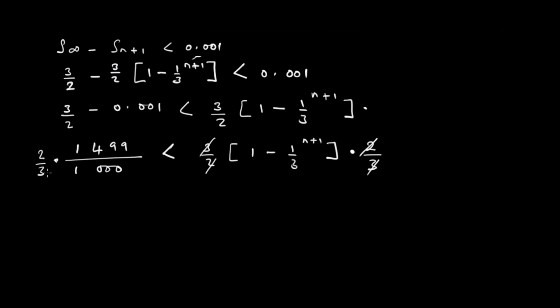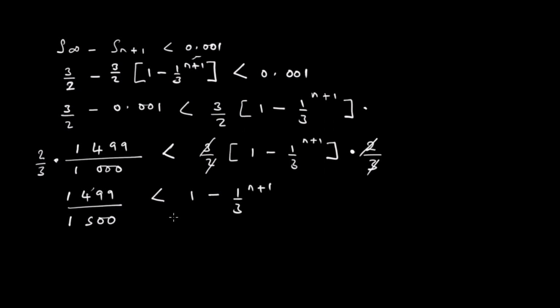So when we do that calculation, 2/3 multiplying 1499 over 1000, we get 1499 over 1500, and this is less than 1 subtracting a third to the n plus 1.